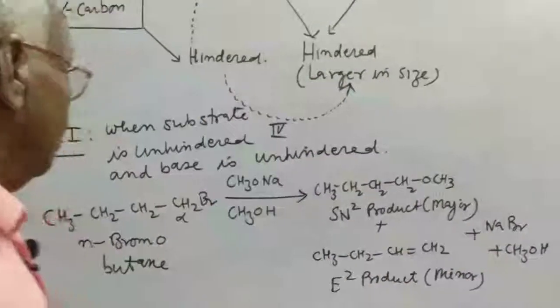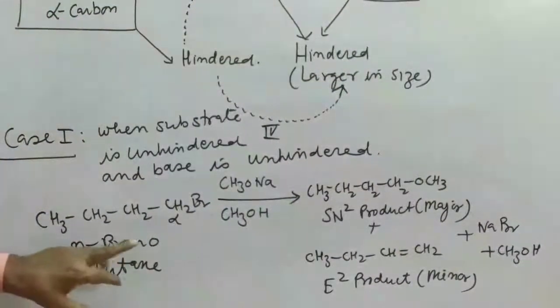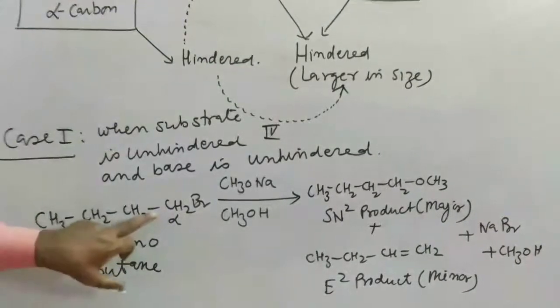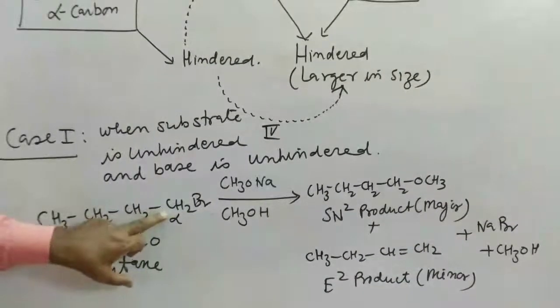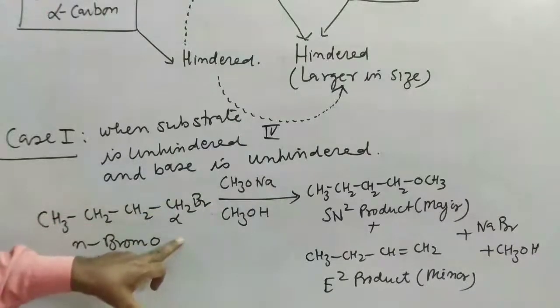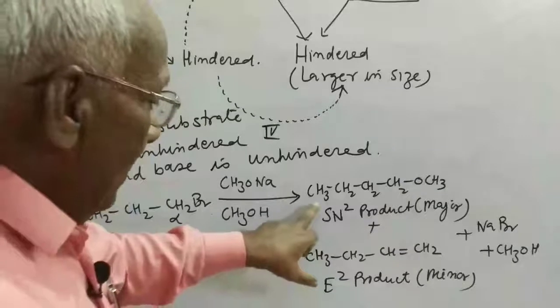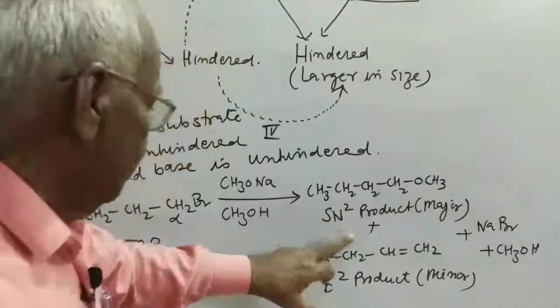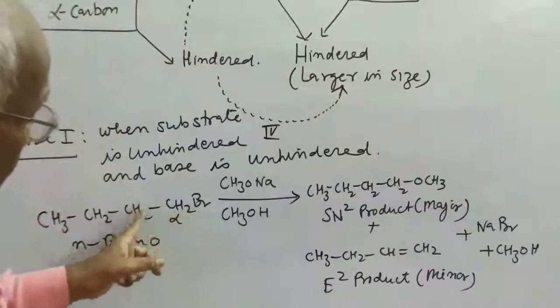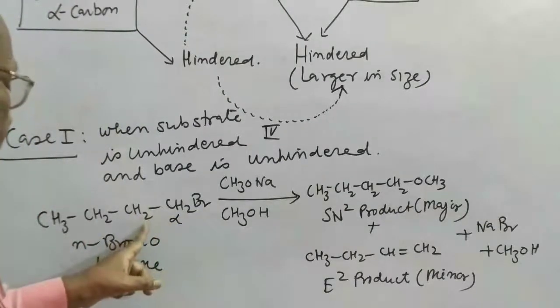So now see the consequences. This is an unhindered substrate. Alpha carbon is unhindered. So the reacting base may attack from the back side, giving SN2 major product. And in the other case, it may react with the beta proton.